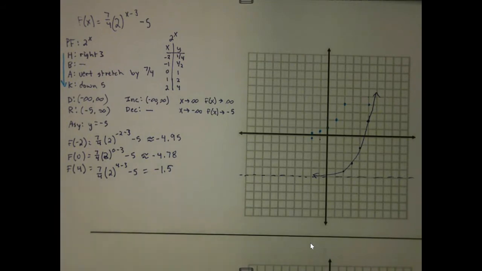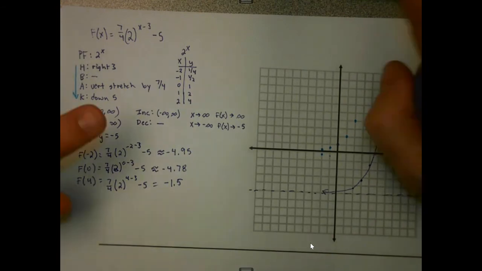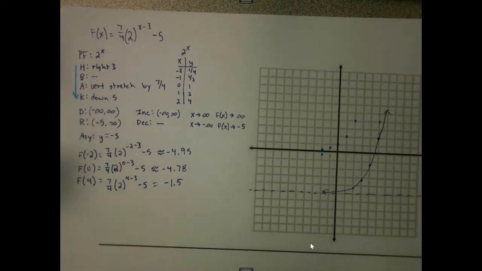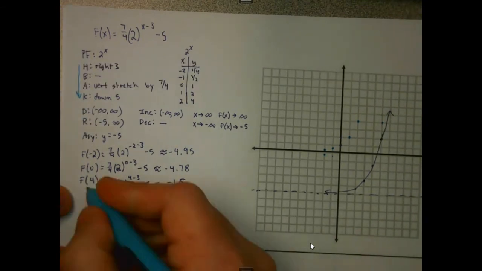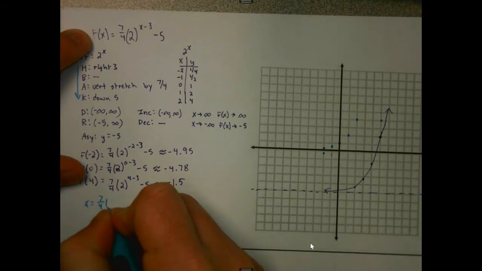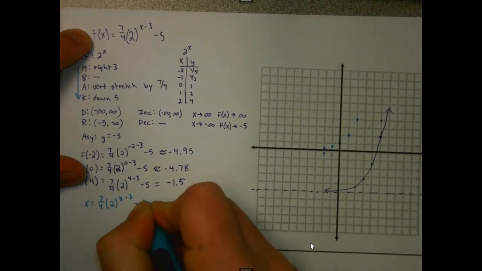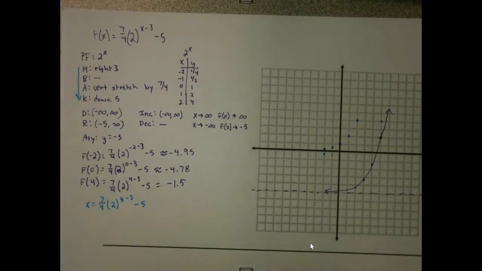Find the inverse. Okay, in order to find the inverse, we're going to switch our x and y, and then we're going to resolve it for y. So I'm going to go ahead and switch colors here. So I'm going to switch x and y. So this would be x equals 7/4 2 to the y minus 3 minus 5. Okay, now I just need to solve it for y. So I'm going to add 5.